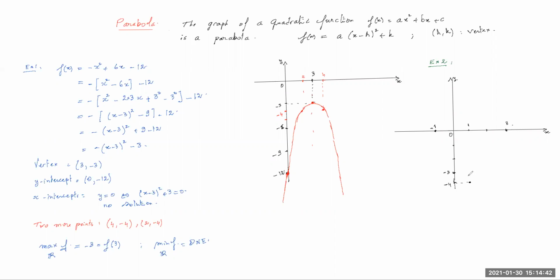So I think I have enough to graph my parabola. So let's do it. Yes, I can use the red one. Why not? So let's start from here. So here it is. Okay, so let's do then.